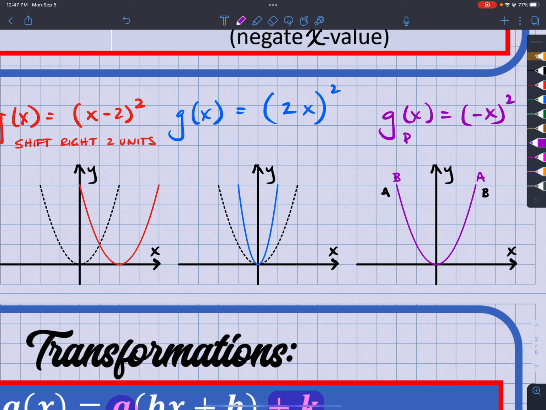So this reflect over y-axis. I forgot to do this.